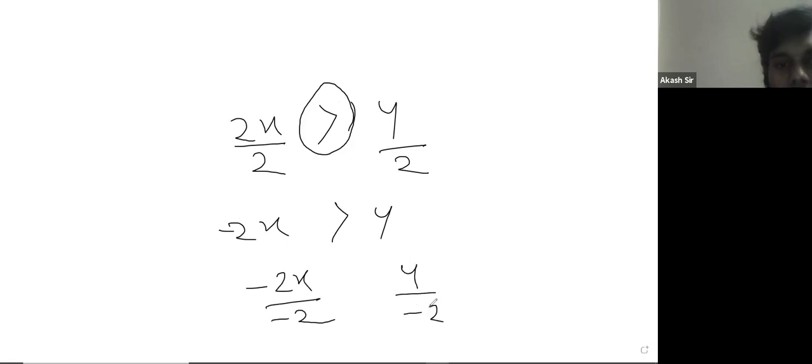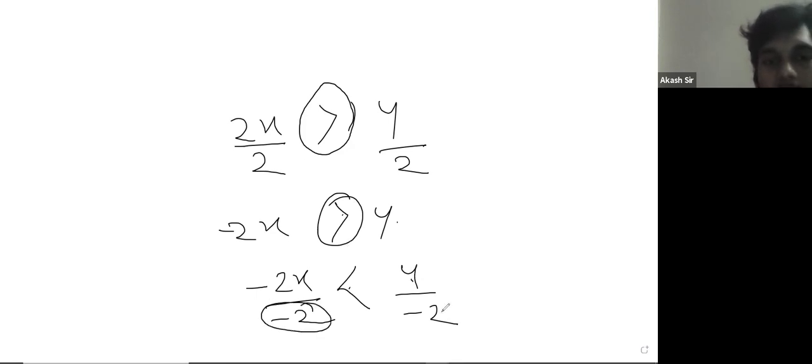However, if you divide by a negative number, then the sign of inequality will change. If we had greater than 4, then we have to write less than. Why did this happen? Because we divided by a negative number.